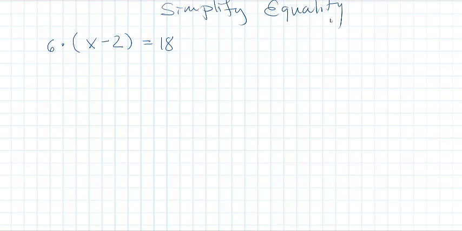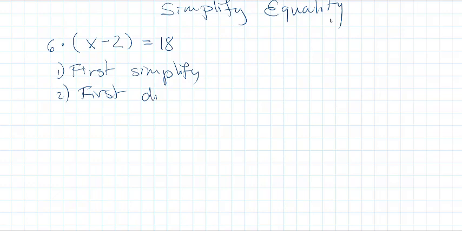One way is we can first simplify, and the second way is by first using the division property. So I will go through both methods so that you have an idea of how to use both of them.